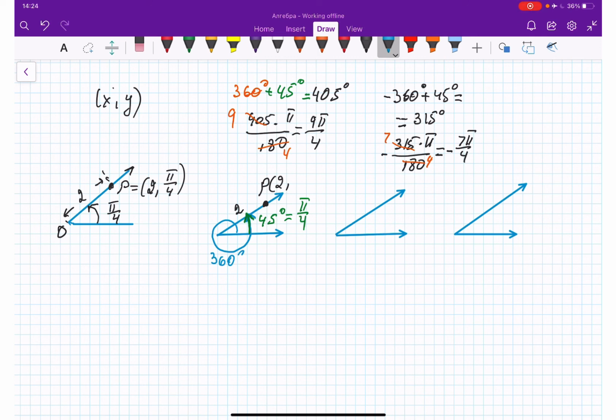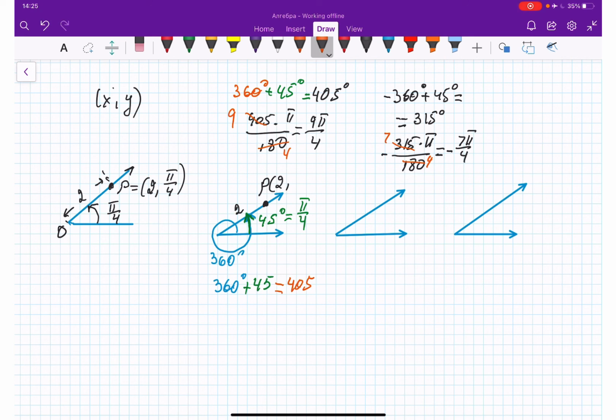So we are doing 360 plus 45 degrees, and we are getting 405 degrees.